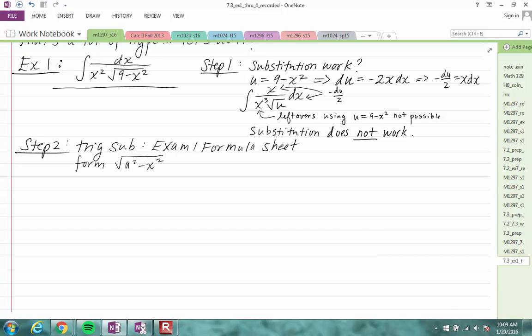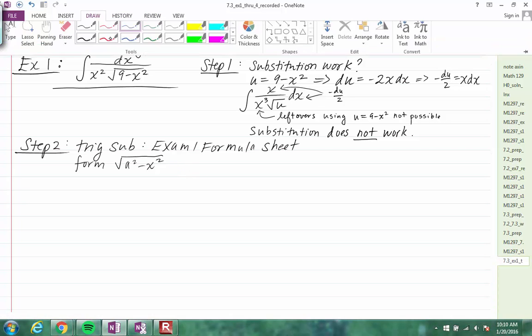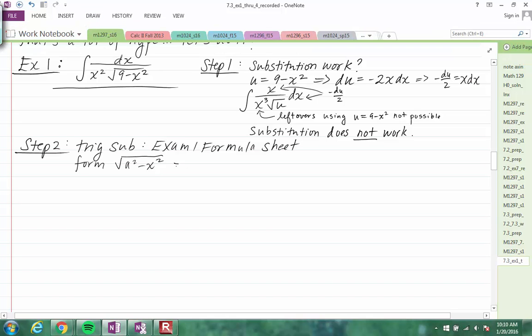On that formula sheet again, this is of the form square root of a squared minus x squared. So what that means is, it's a different color here, that in the next column it tells you let your x equal a sine theta. So you're told the trig substitution to make. Very early on here you have to identify your a.